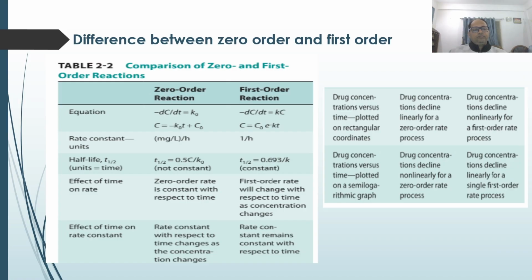These are two different things. The effect of time on the rate in case of zero order is constant, and in case of first order it will change with respect to time. Then in case of the rate constant, for first order the rate constant remains constant with respect to time.